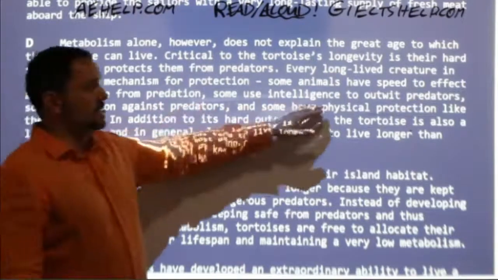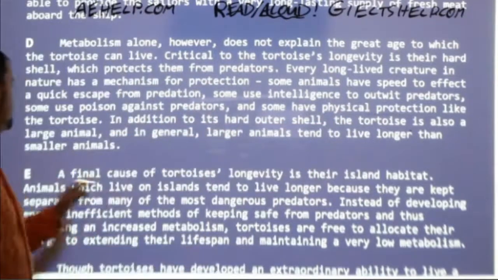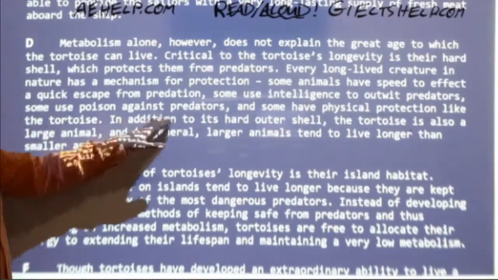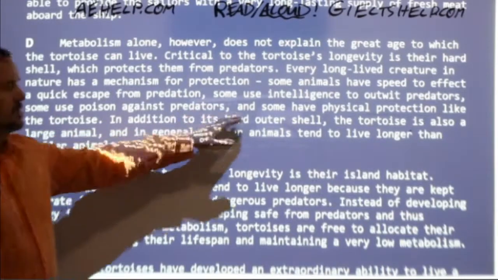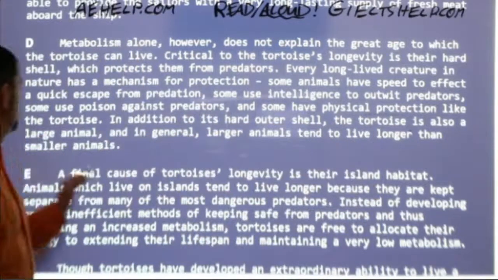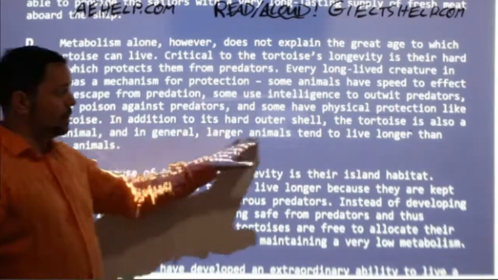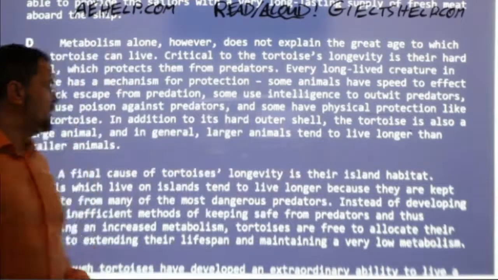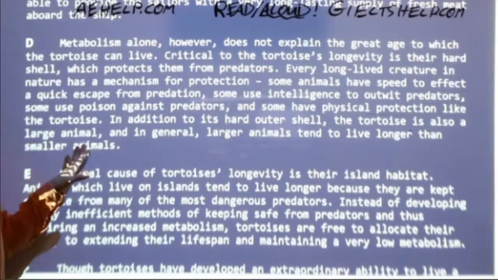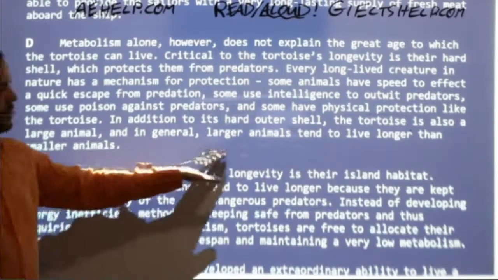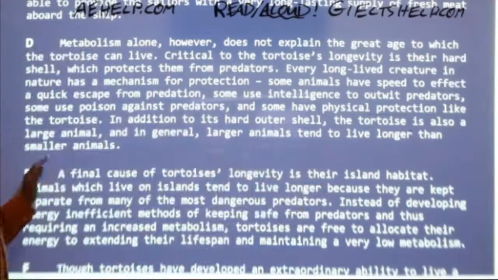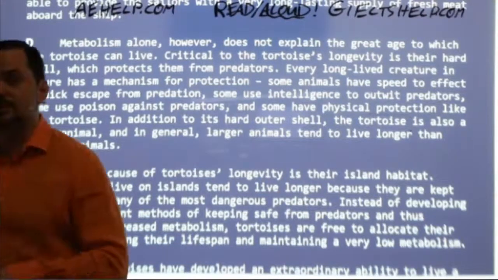Some use intelligence to outwit predators. Some use poison against predators, and some have physical protection, like the tortoise. In addition to its hard outer shell, the tortoise is also a large animal, and in general, large animals tend to live longer than smaller animals.